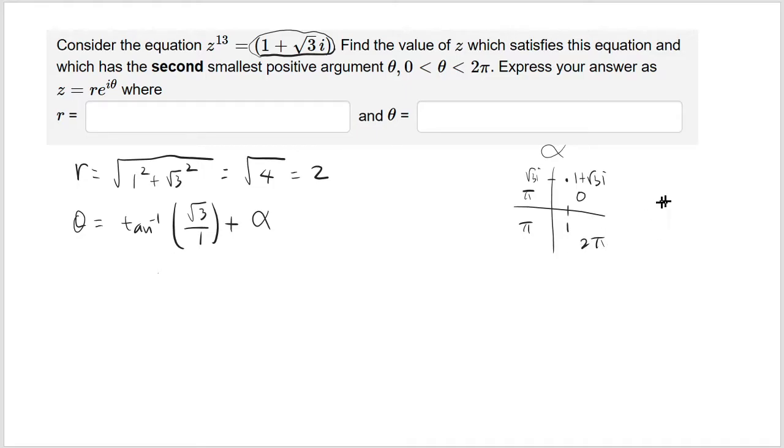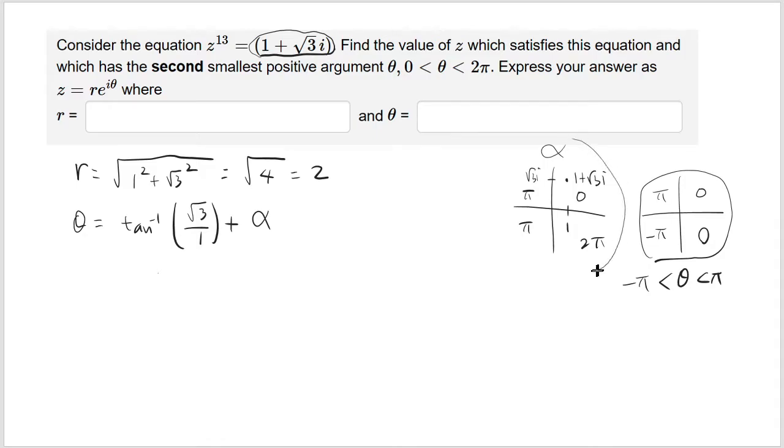There's another convention, which gives you 0, pi, negative pi, and 2 pi, and that gives your angle theta between negative pi and positive pi. It doesn't matter here because we're in the first quadrant, and in the first quadrant you don't change anything.